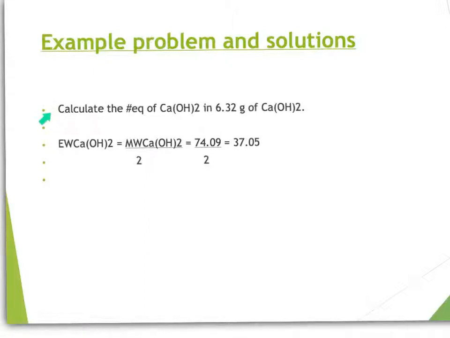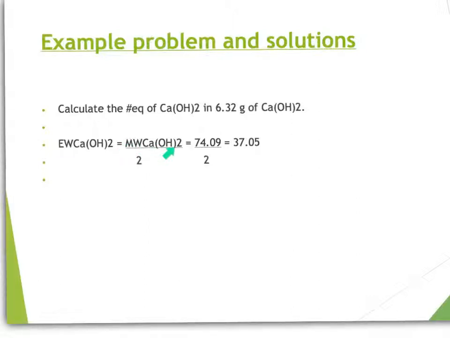The example problem we will solve is to calculate the number of equivalents of calcium hydroxide in 6.32 grams of calcium hydroxide. The first thing we need to do is to calculate the equivalent weight of calcium hydroxide. We will determine the weight from the periodic table.